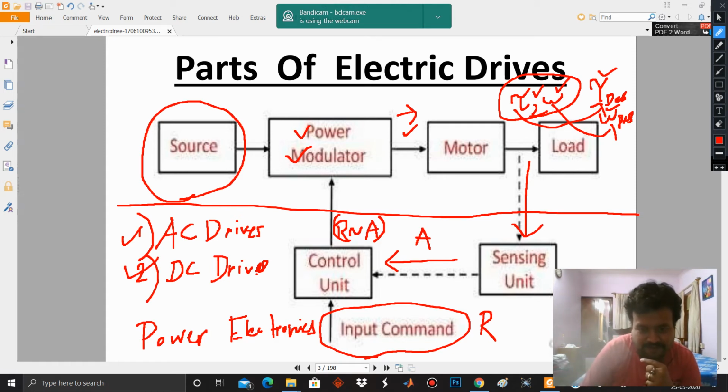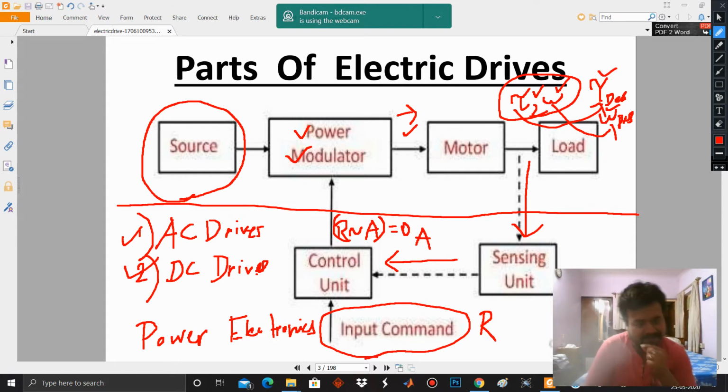The difference will become 0 and the power modulator will not alter anything. That means the power modulator is providing a correctly modulated input to the motor. So your open loop system becomes a very well controlled closed loop system.